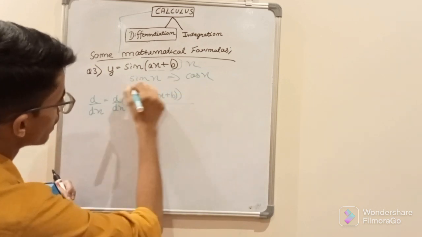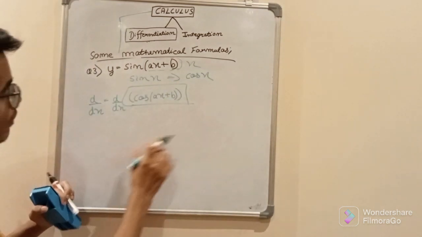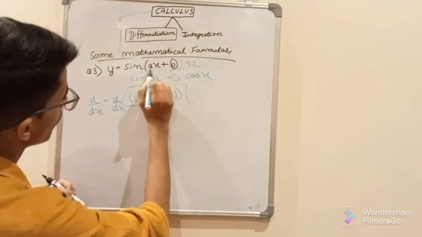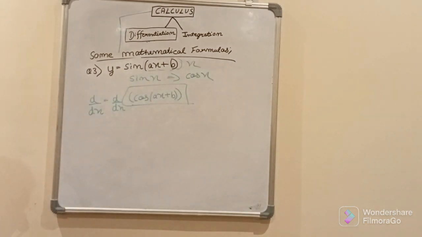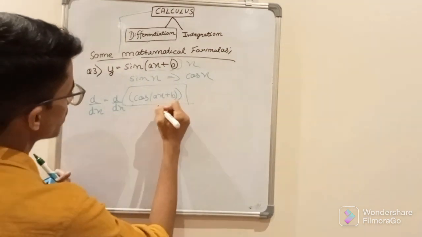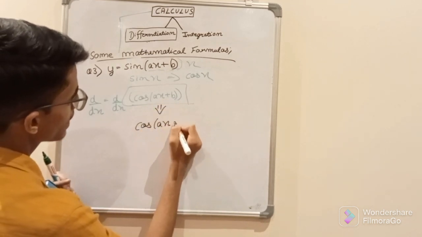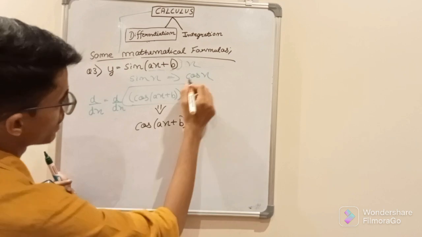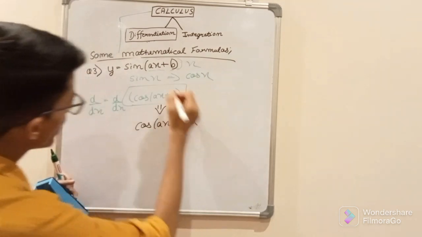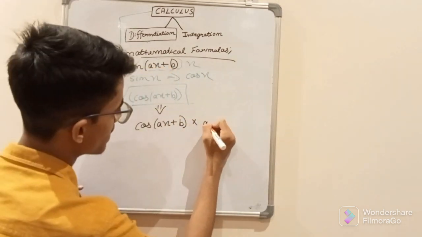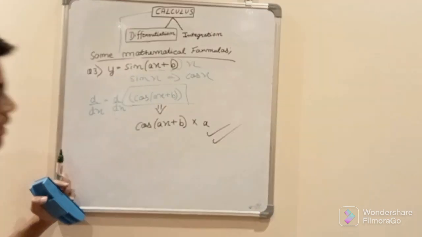Still this is not a final answer because we have not multiplied the coefficient of x with the final answer. So our final answer will be cos ax plus b, that is cos x, multiplied by the coefficient of x, that is a. This is the right answer.